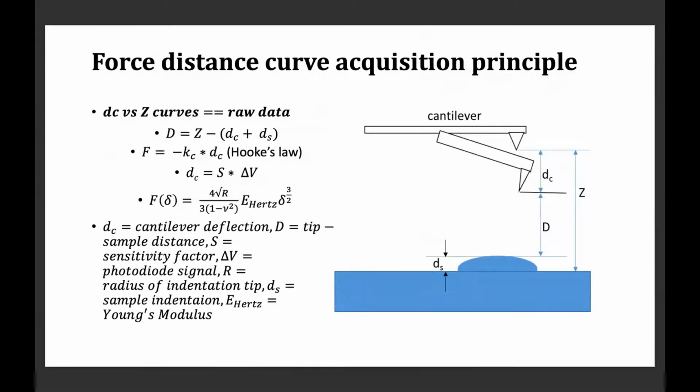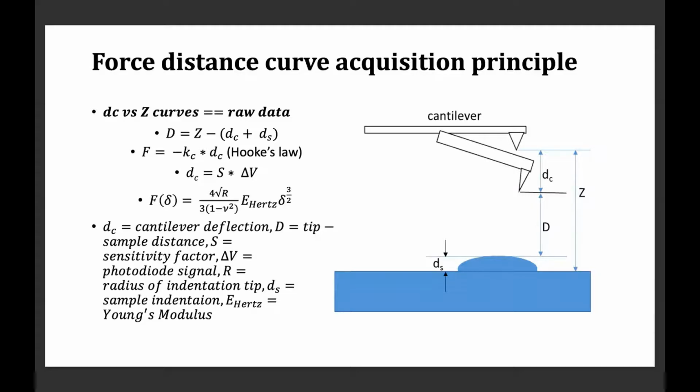Normally from the atomic force microscope, you have the force distance curve, which is the force between the tip and the sample, and then the distance between the tip and the sample. But normally what we use to measure is the deflection of the cantilever, not the distance between the tip and the sample.